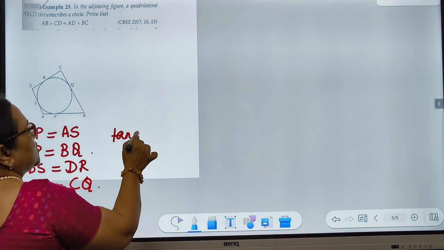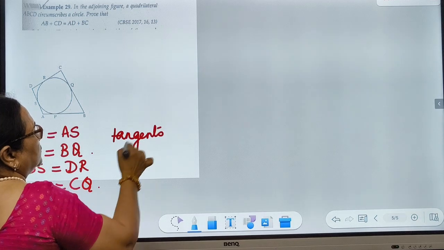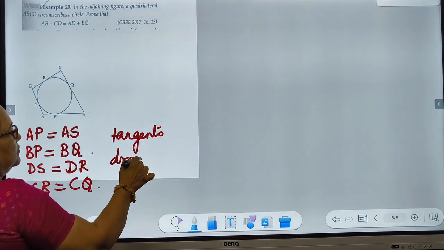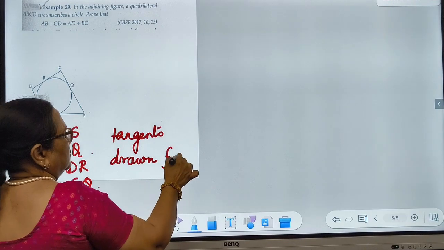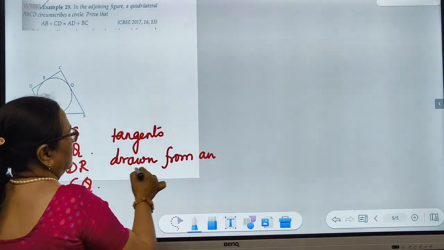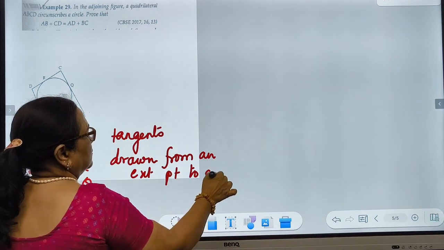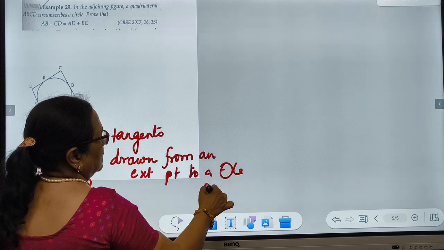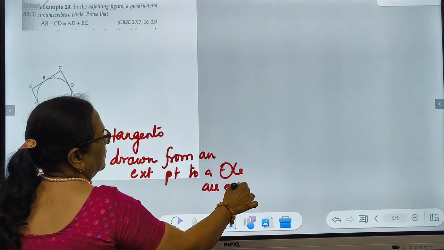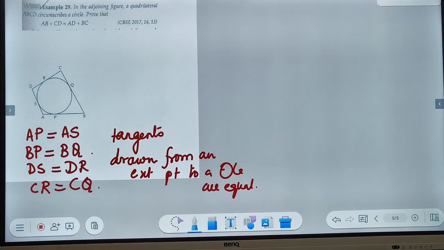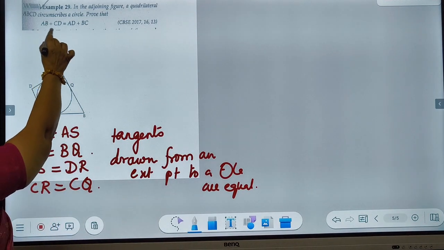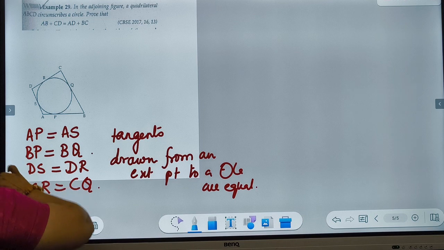Tangents drawn from an external point to a circle are equal. Now what is it you have to prove? You have to prove AB plus CD is AD plus BC.